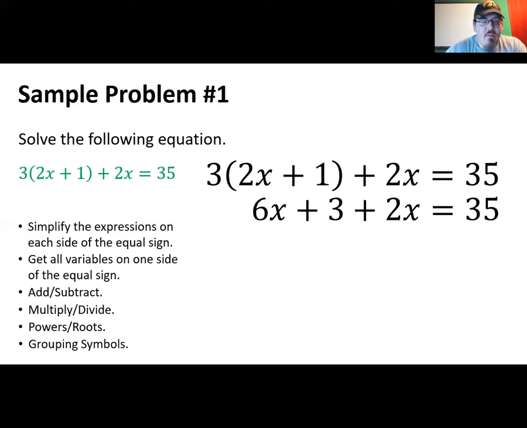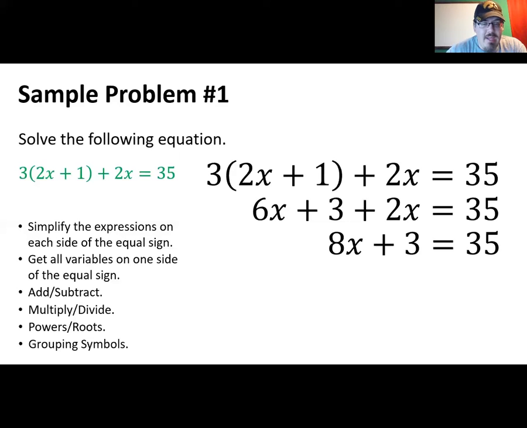Okay, so the first thing we've taken care of now is we have distributed to get rid of the parentheses. Now what we want to do is try and combine any like terms that are showing up in our problem. In this case, there are 2 terms that have plain x's in them, the 6x and the 2x. So those are like terms that we can combine together. 6x plus 2x is 8x. The plus 3, again, just tags along since it's just a plain number, doesn't have an x in it.